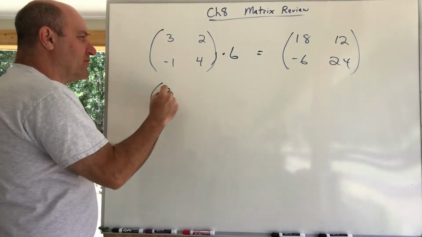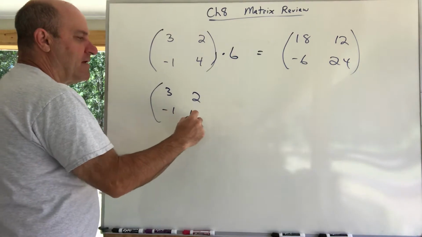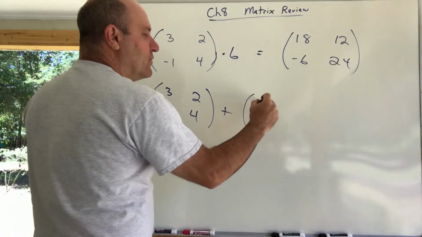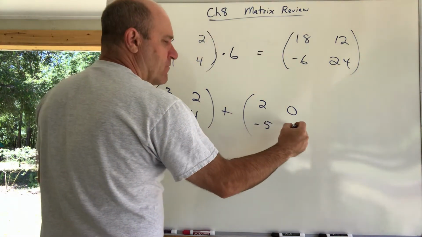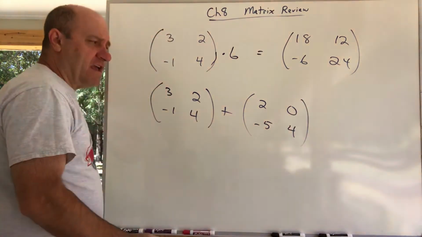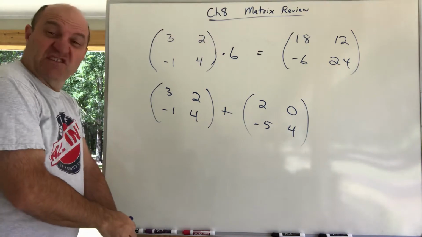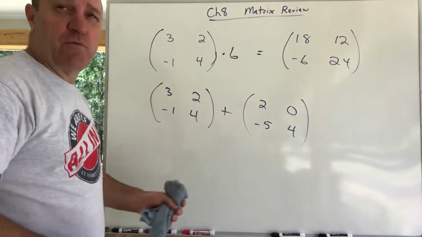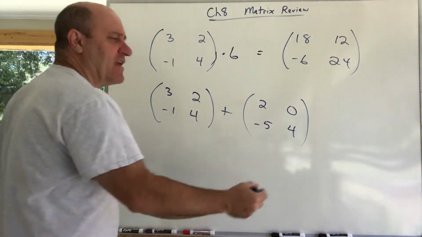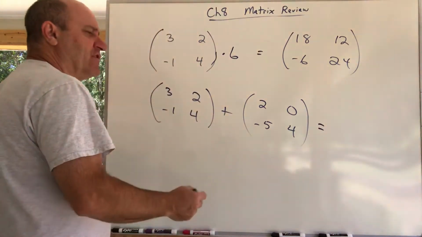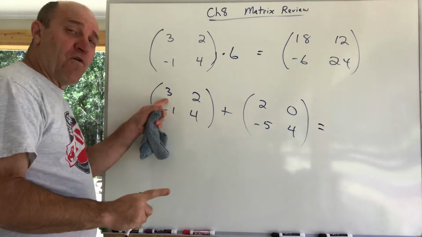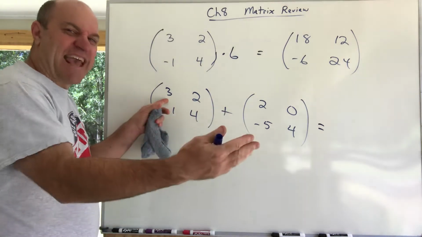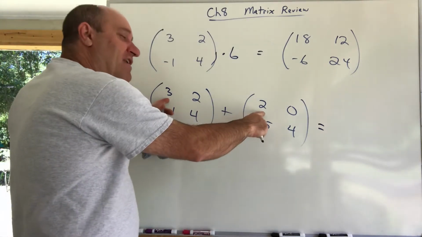Can you take a matrix and add it to another matrix? Well, yeah, only if they're the same size, 2 by 2 and 2 by 2, because you add corresponding entries. So when you add matrices, you add the corresponding entries. What that means is the first row, first column entry gets added to the first row, first column entry.